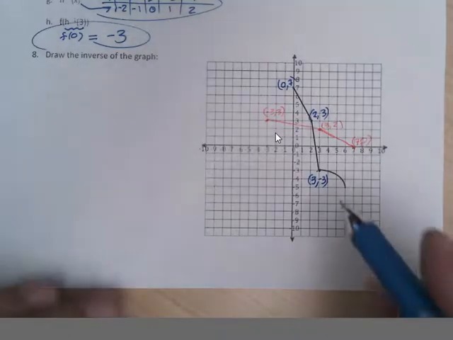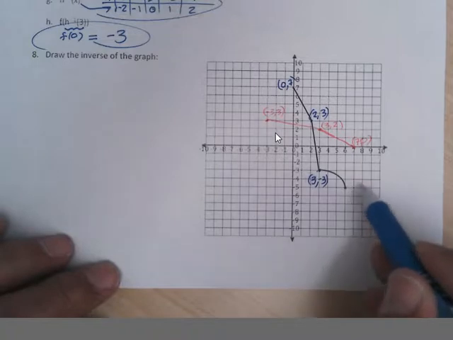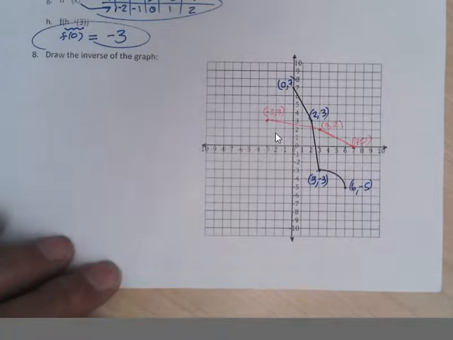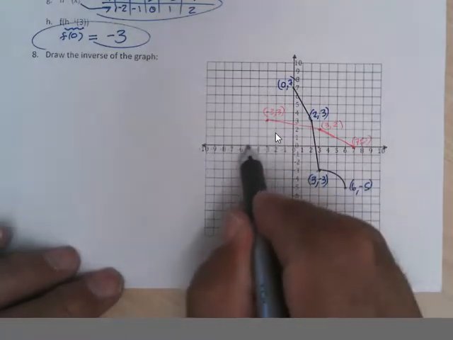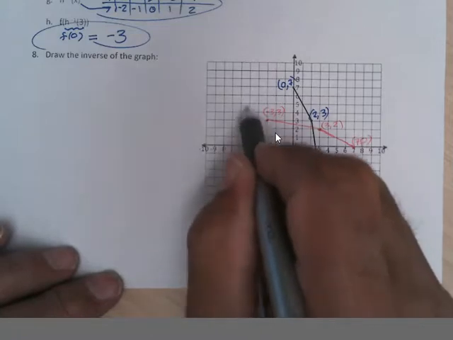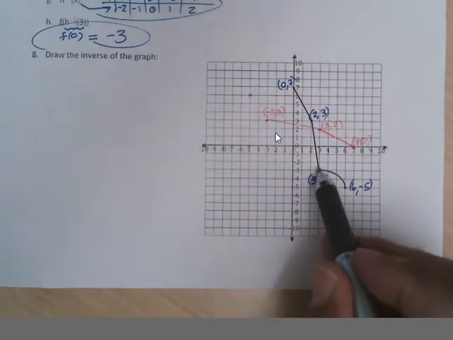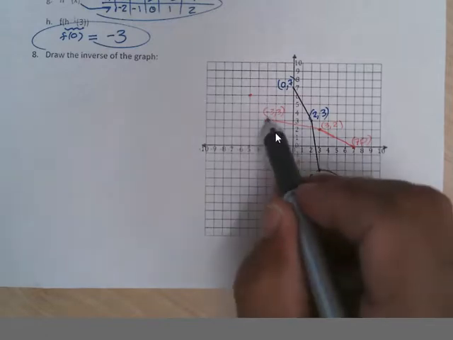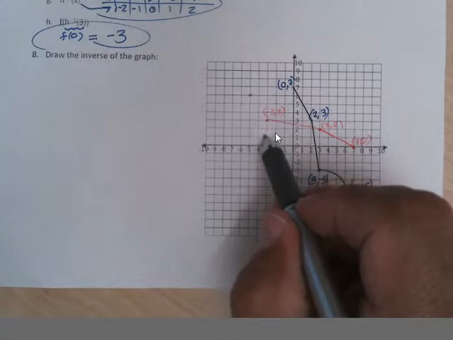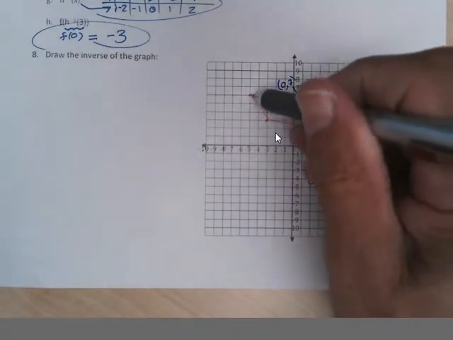And then we have to do this crook that goes to 6, negative 5. So I got to go to negative 5, 6. Negative 5, 6, there. And it's almost a 90-degree leaving this, so to leave this at 90 degrees, it's either that way or this way, and we have to go to this one, so it must be crooked like that.